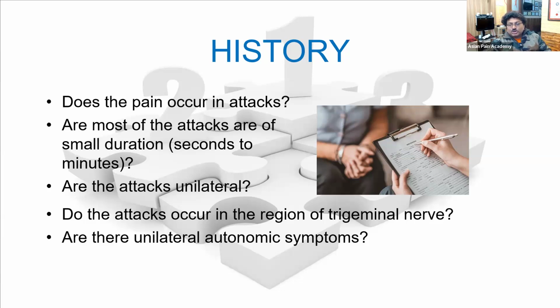These are usually found in a group of disorders known as the trigeminal autonomic cephalalgias, and one of the most common members is, as we already know, cluster headache. Other members like SUNCT and SUNA syndrome could present with unilateral autonomic symptoms, but in trigeminal neuralgia, usually there will be no unilateral autonomic symptoms.